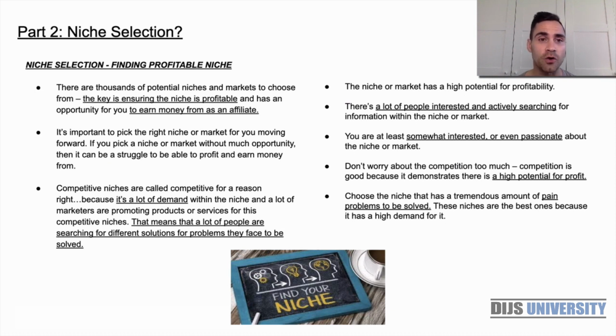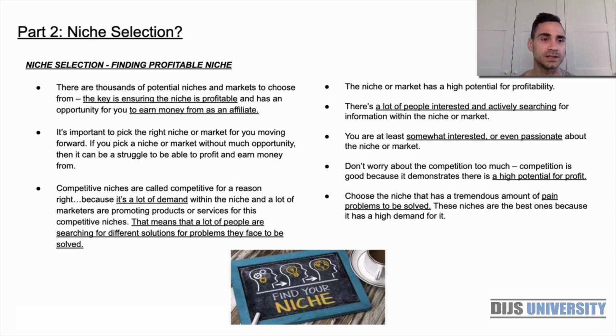There are thousands of potential niches and markets to choose from. The key is ensuring the niche is profitable and has an opportunity for you to earn money as an affiliate. That means there is demand inside this niche, and that you have a big list of products or services that you can provide to your subscribers, your email list.